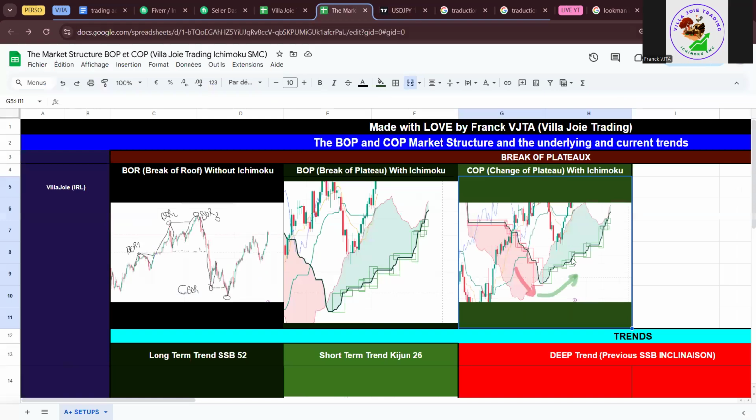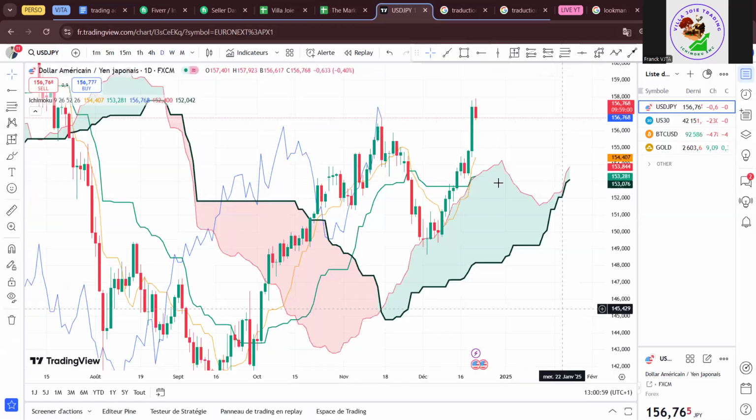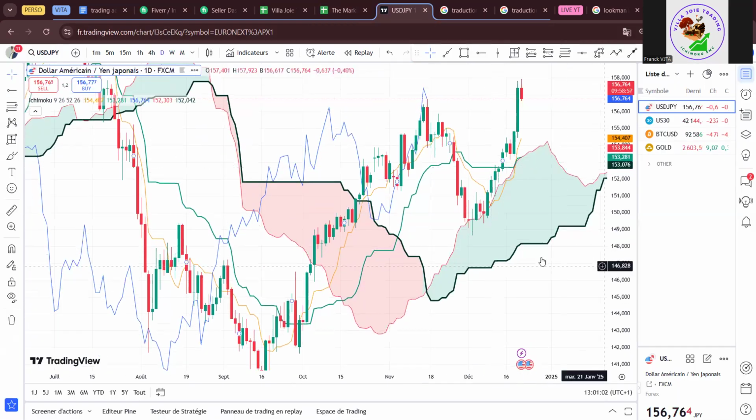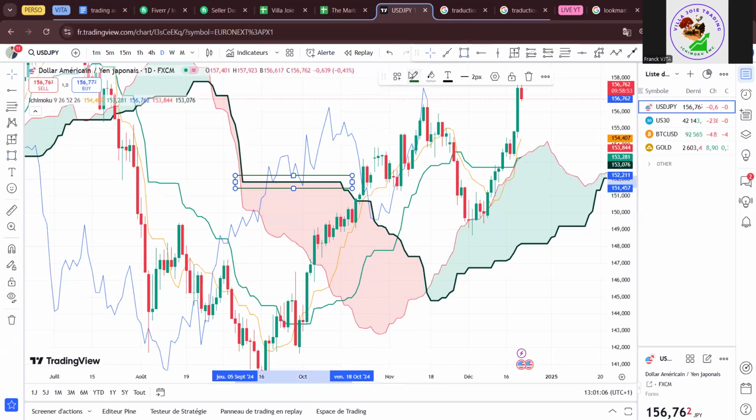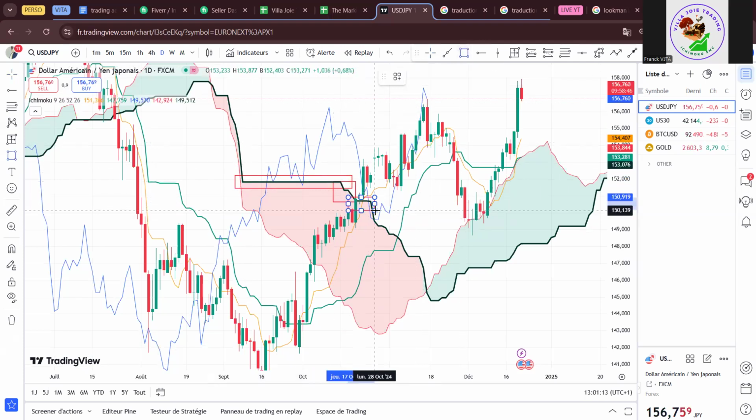And that is when I talk about the change of plateau. When we have a change of plateau, first of all we have plateaus that are going to the downside, like a staircase that's going down, that's descending, and then we have another one that is climbing, going to the upside. So we need to confirm, because when a staircase like this goes to the downside, what does that mean? That means that we are in a downtrend, right?